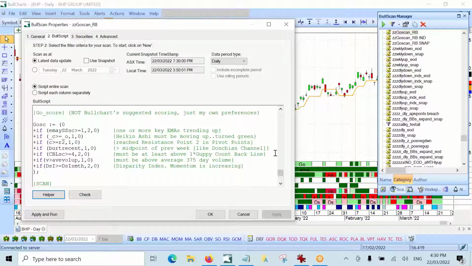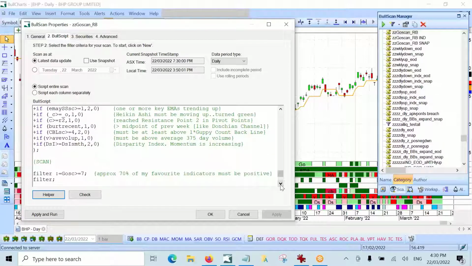So 10 is not significant at all, except it's a very nice round number. And I've said the GoScore itself, to be included for consideration for eyeballing, must be above or equal to 7. That means approximately 70% of my favorite indicators must be positive.